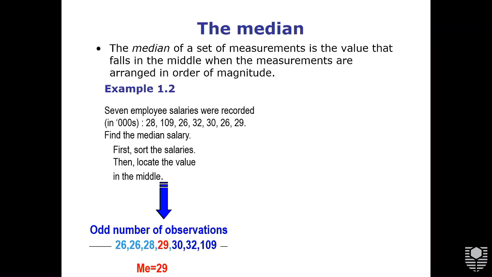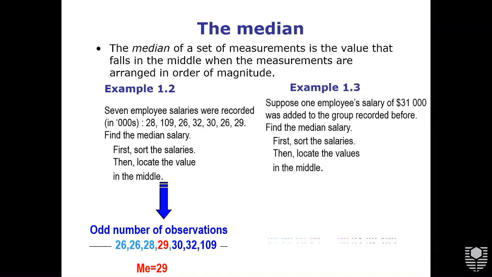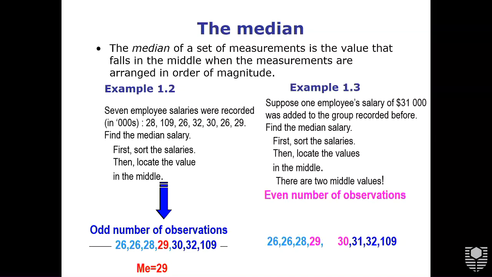If it's an odd number of observations, we take the middle value. If it's an even number, what do we have to do? Easy life. We take the two middle numbers, for example 29 and 30, add them and divide by 2, which gives us the median.